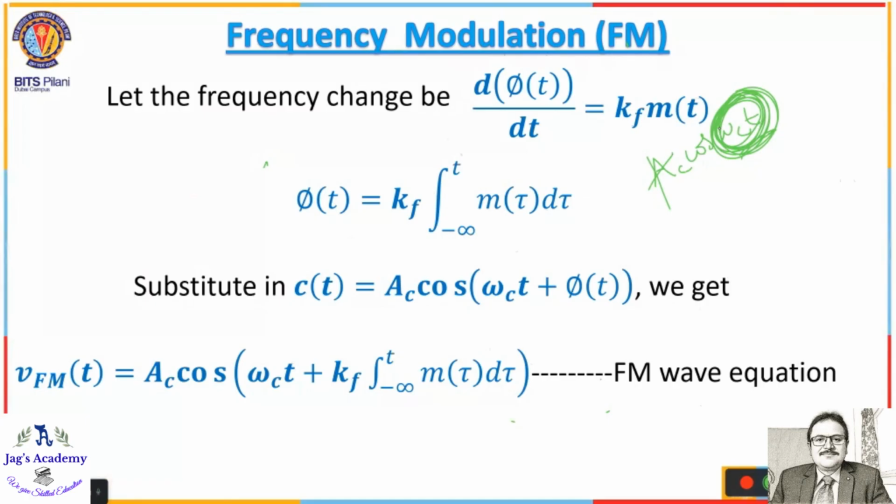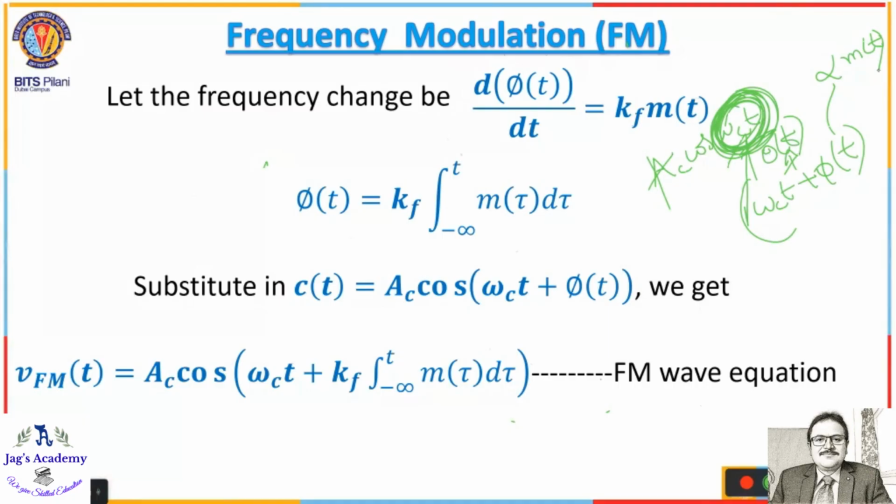Now let us play with only this. I am going to consider this as theta of t, so this omega ct, I will make it omega ct plus phi of t. That is going to be theta of t. Have you understood this? And this is proportional to your message signal m of t.